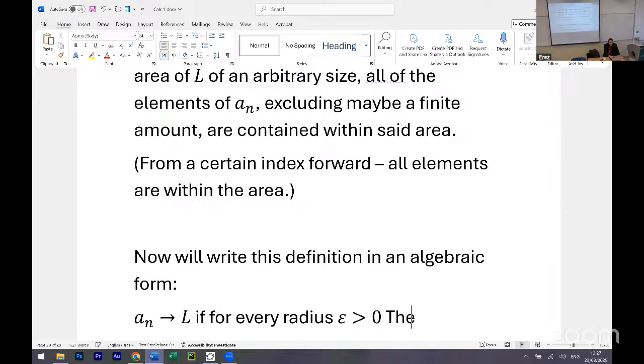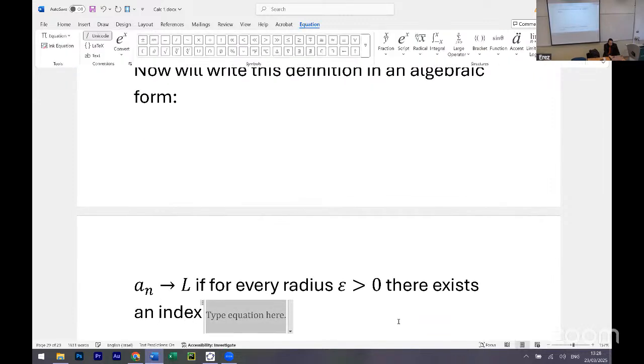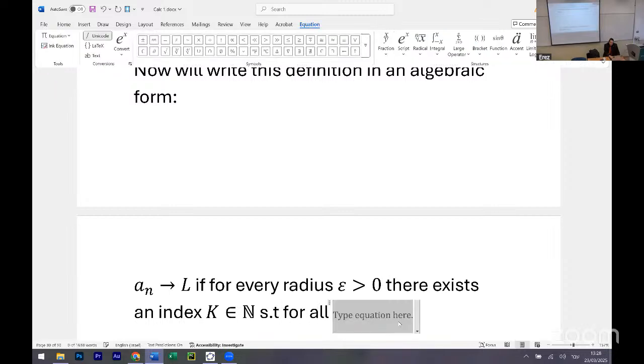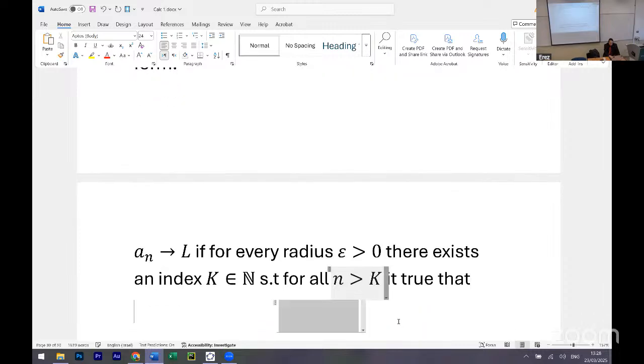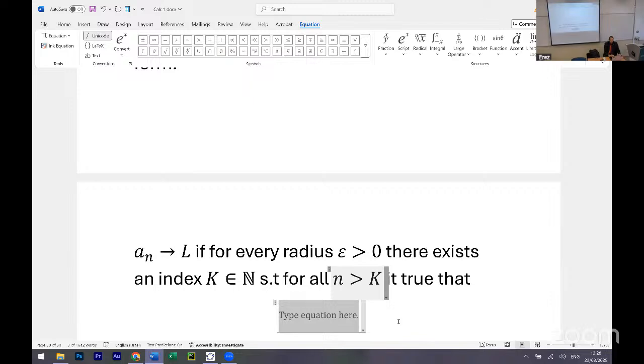So I would say there exists an index K such that for all indices after K, it is true that... Can any of you complete the sentence? a_n is inside of the radius.